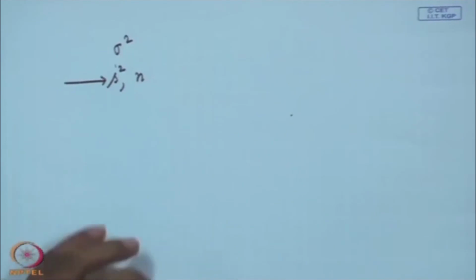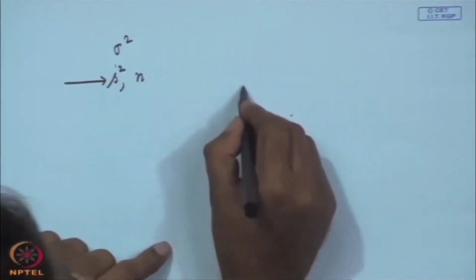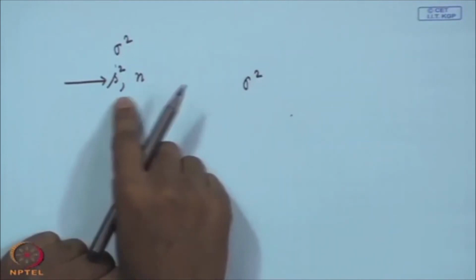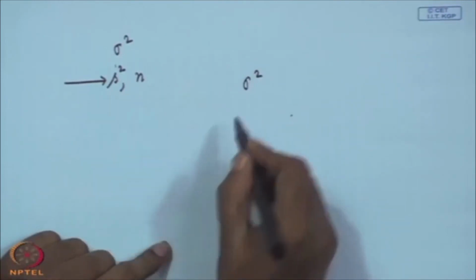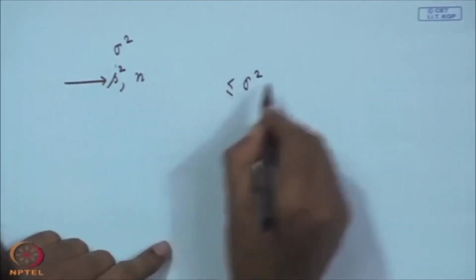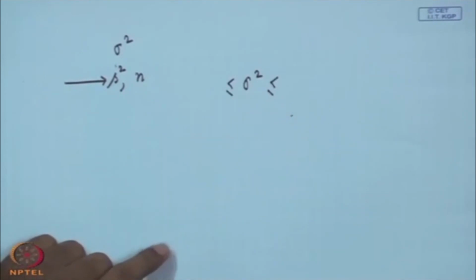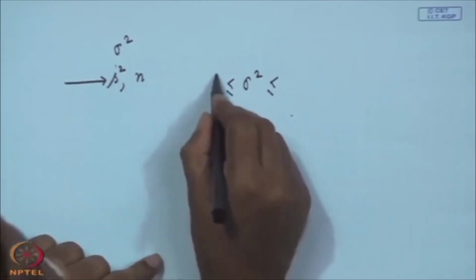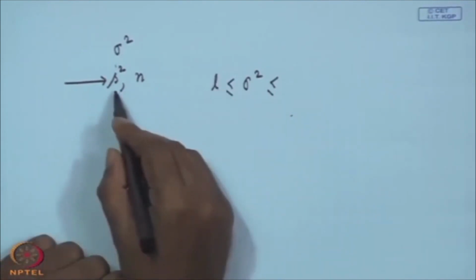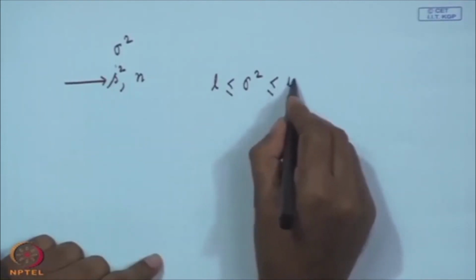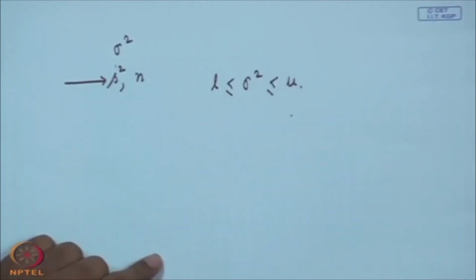So, what do you require to know? You require a confidence interval based on this sample data. You got this s square value, but what is the lower value and what is the upper value? In a similar manner you have to find out.